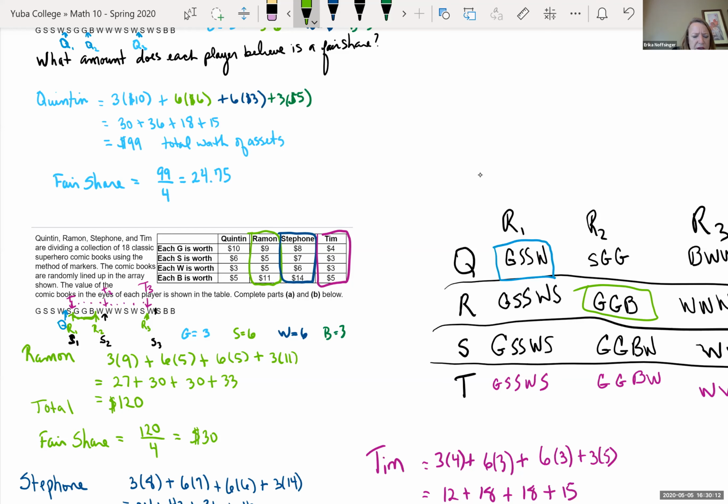Notice that Q ends at the W, but R sub 1 ends at S. So S is going to be this S value right here. This is surplus.